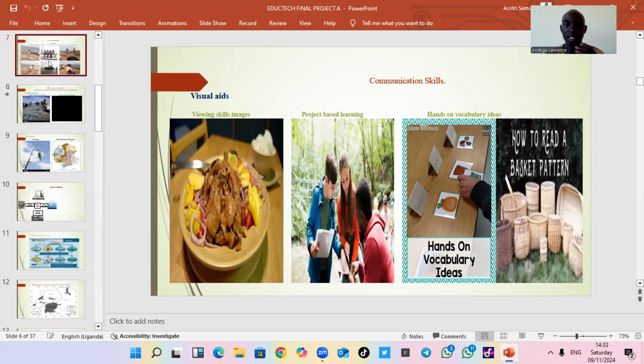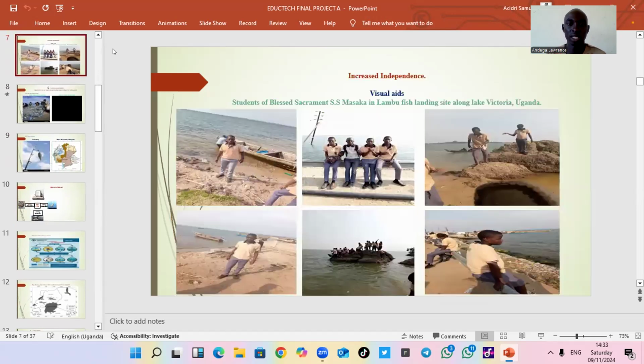Another characteristic of my learners is that they are independent. You can see here that when we went for fieldwork in Lambu Fish Market, we went as a group of Senior 2 geography class, and the learners were trying to relate what they had learned in class with what is on the ground.